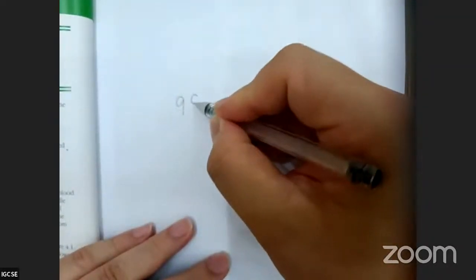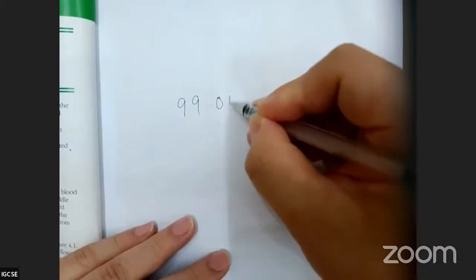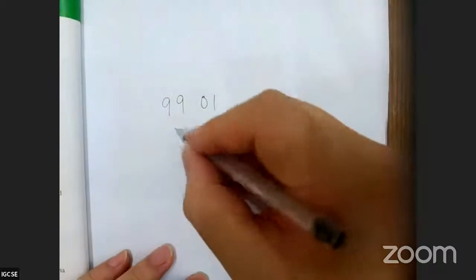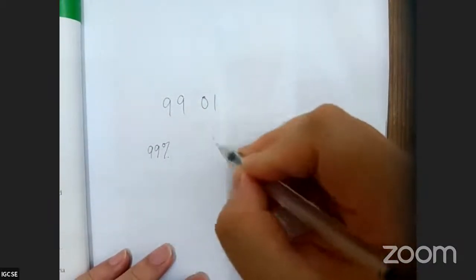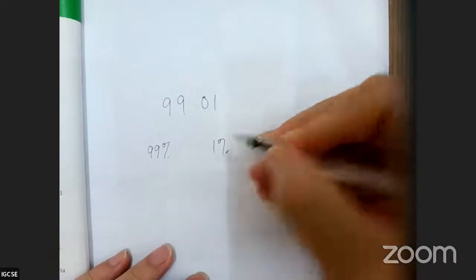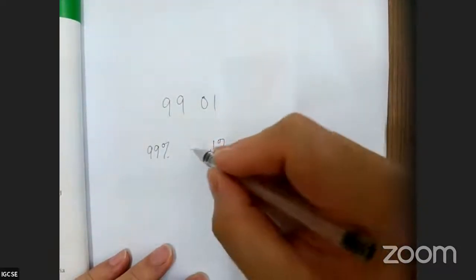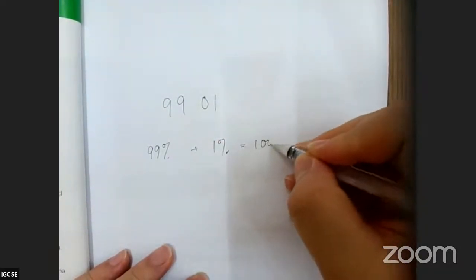I wish I had a new car. I would put this number as my plate number because this is the formula for success. 99 means 99%, and 1 means 1%. So 99 plus 1, you will get 100%.